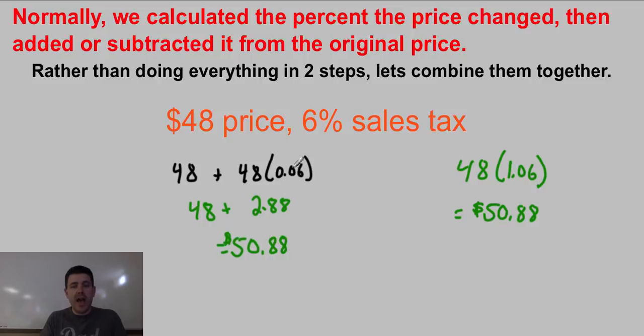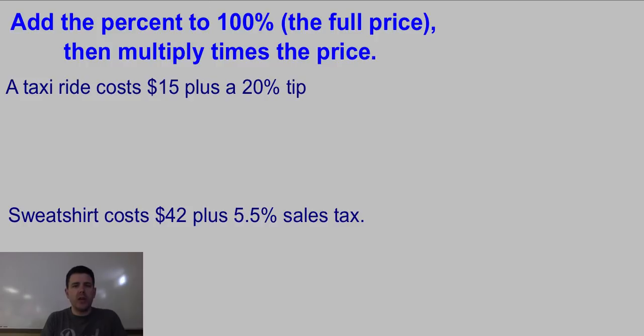So basically adding our percent on to 100, because 100% is the whole price plus the extra 6%, allows us to do that calculation all in one step. Okay? May seem a little odd or a little strange to start, but give it a couple tries and then see what you think of it. So the idea is add your percent to 100, the full price, and then multiply times the overall price, basically combining our two steps into one.